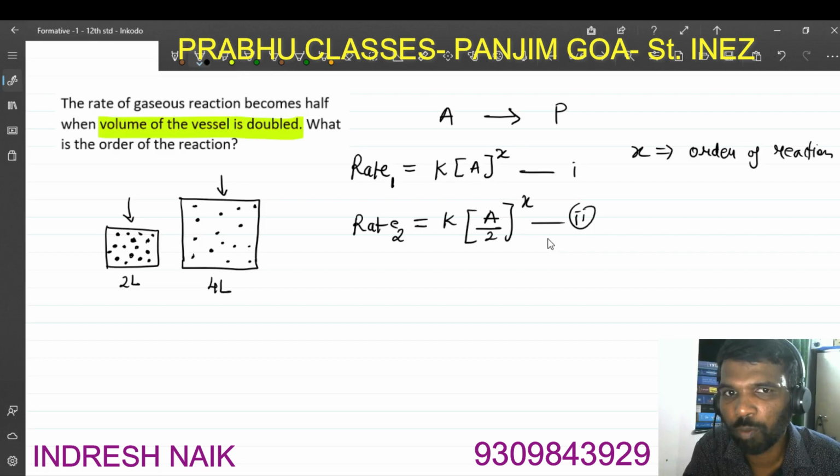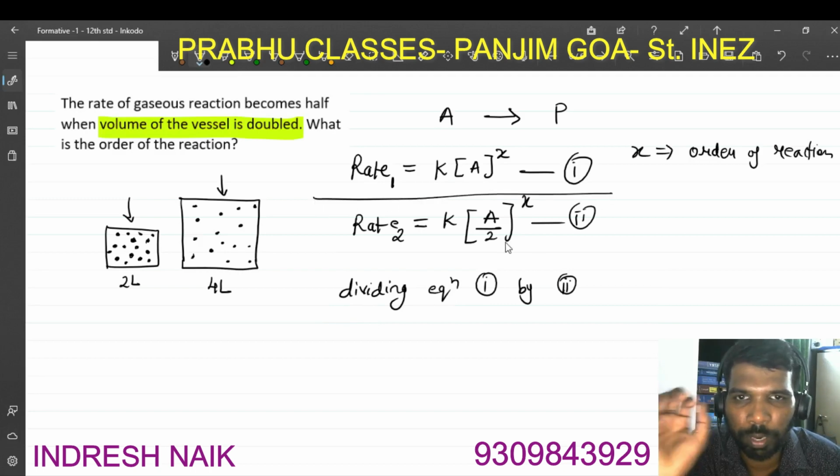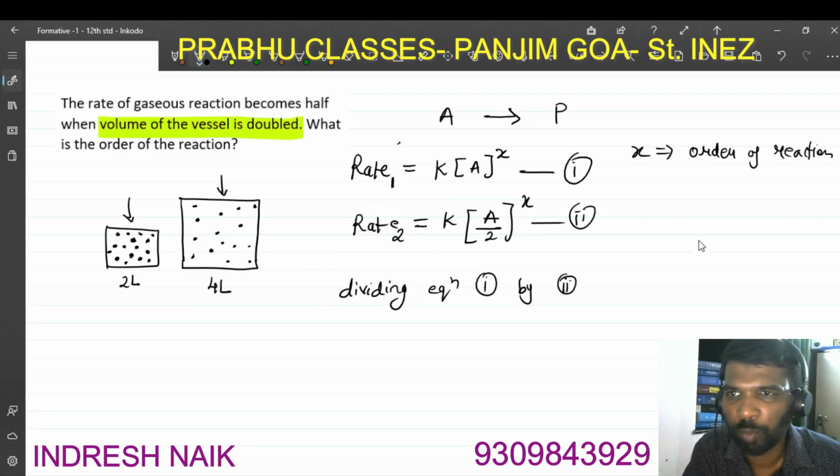Now if I divide equation 1 by 2, the rate of reaction becomes half when the volume of the vessel is doubled.